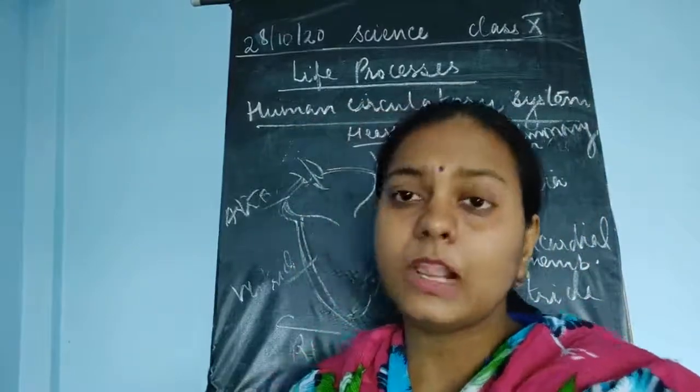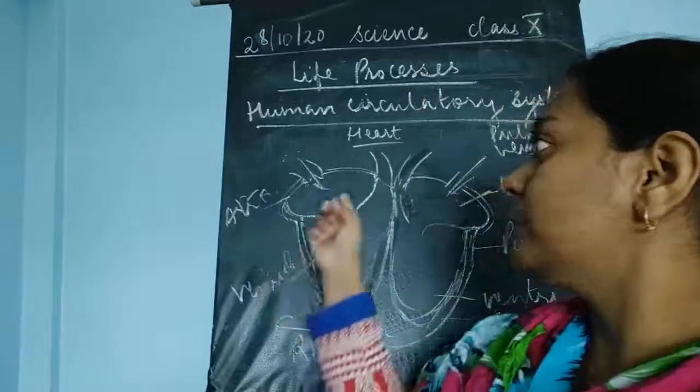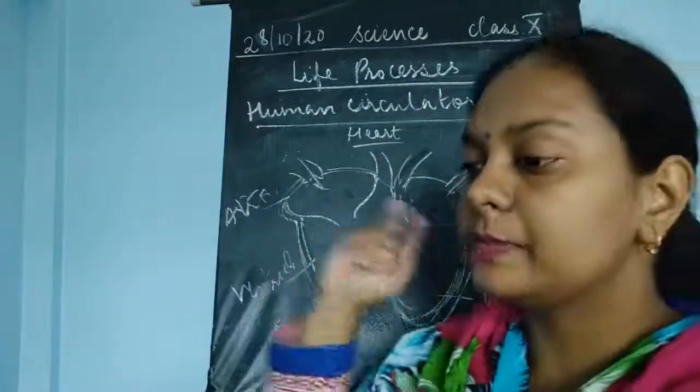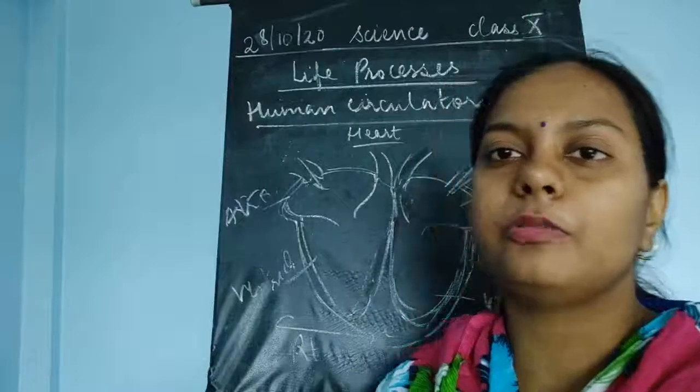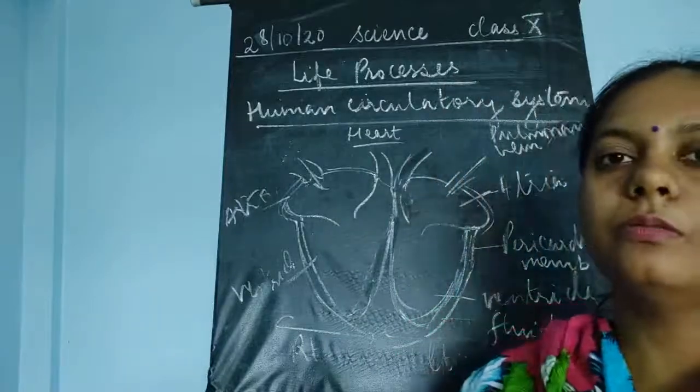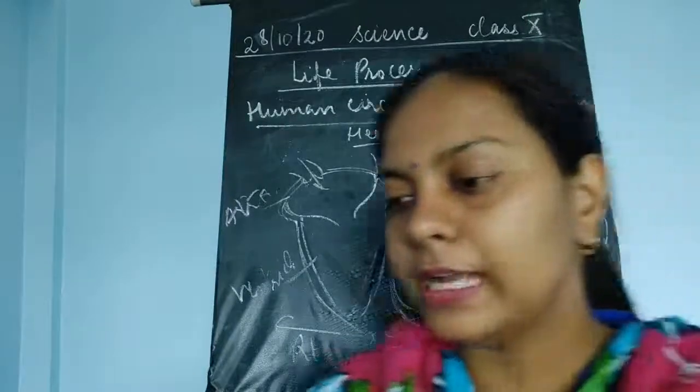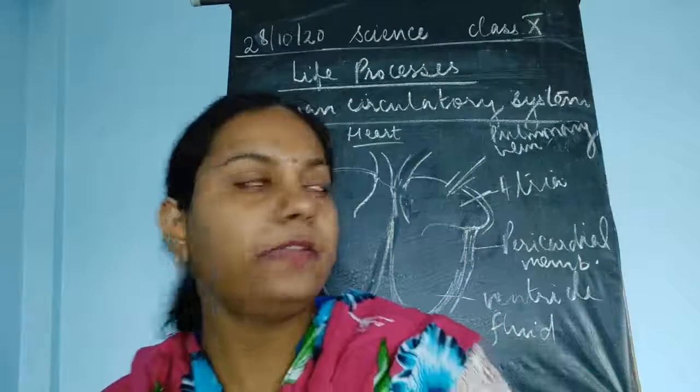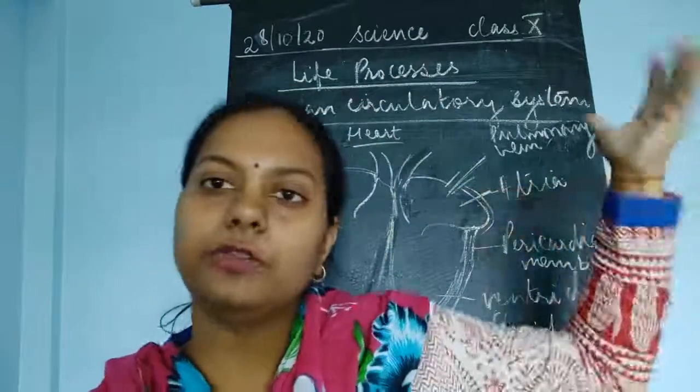What happens is that the impure blood moves inside the lungs, gets purified, and then the same vein is going to bring the pure blood.